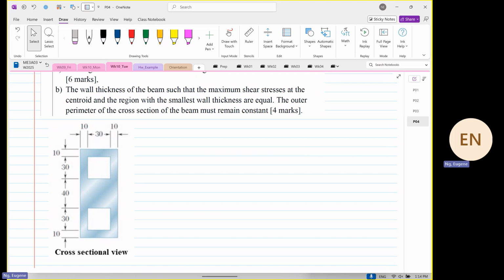It restricts that the outer perimeter of the cross section of the beam must remain constant. So for this optimization question, the external perimeter cannot change.